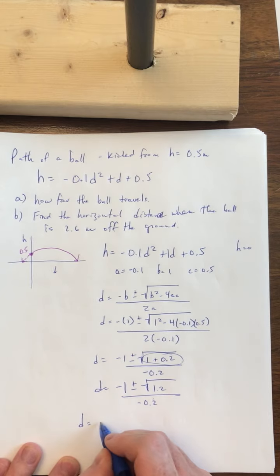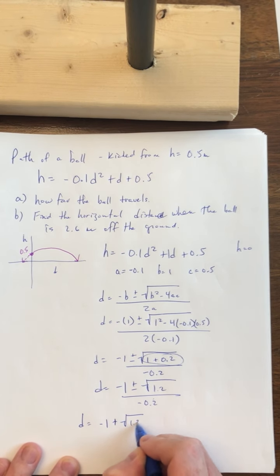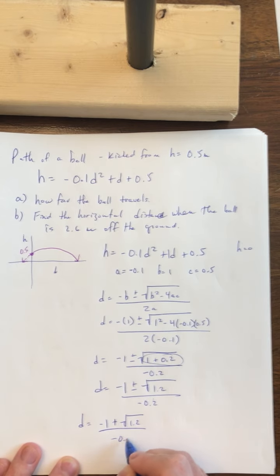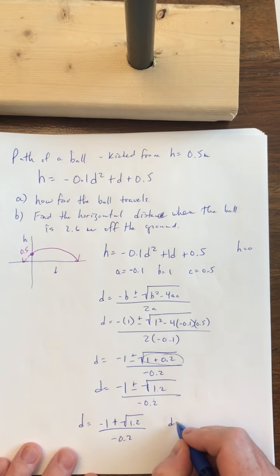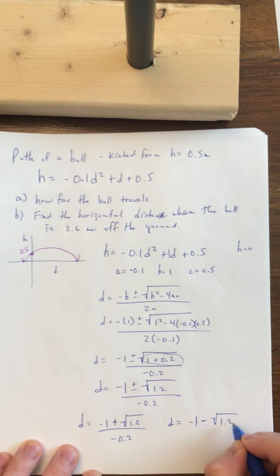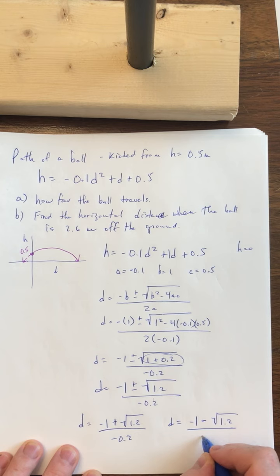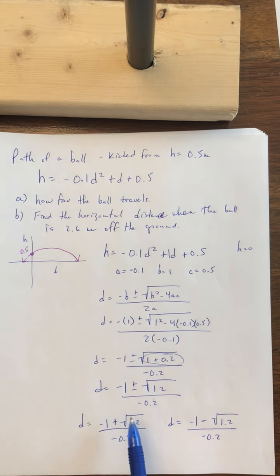We have D is equal to -1 plus the root of 1.2 over -0.2, and D is equal to -1 minus the root of 1.2 over -0.2. Now, in this case, these are exact roots.